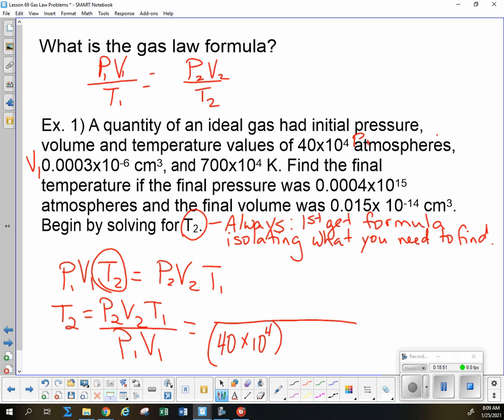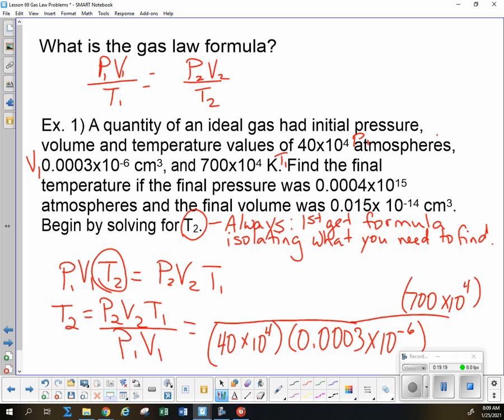This is V1. V1 needs to be in the denominator: 0.00003 times 10 to the minus 6. Okay, initial temperature, that needs to go in my numerator as 700 times 10 to the 4th.